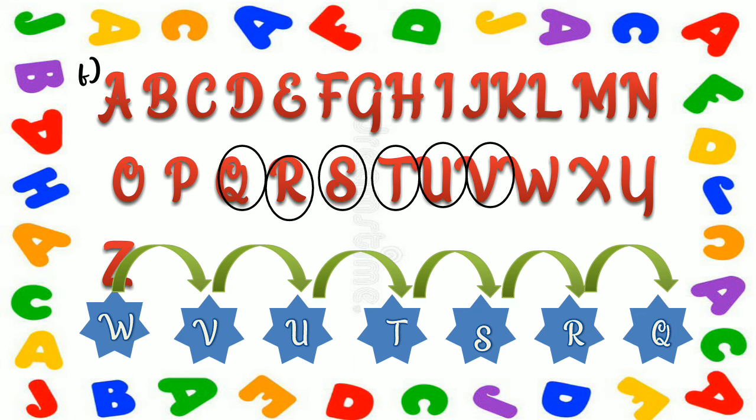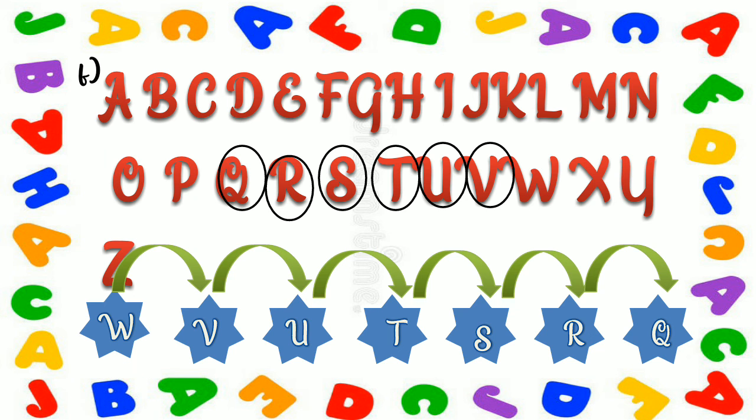In the previous question, we go to next, and in this question, we go backward to get the answer. So it's W, V, U, T, S, R and Q. So children, you all understand about this question.